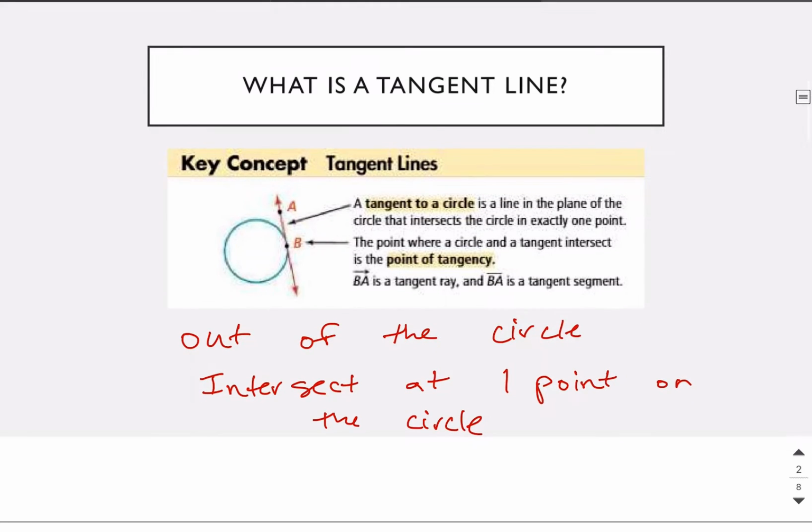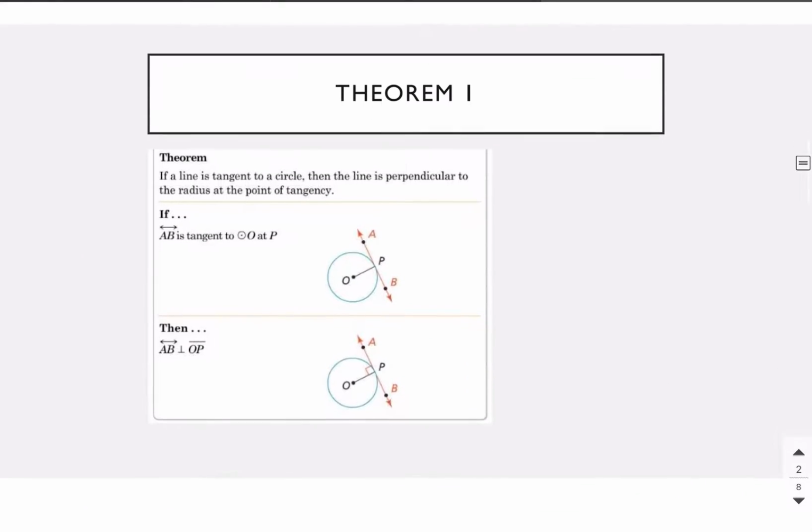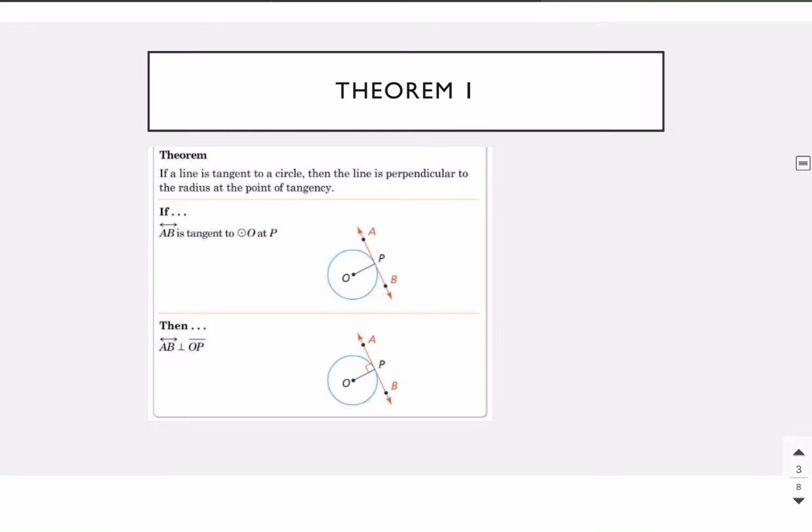With a tangent line, the first theorem is: if a line is tangent to a circle, then the line is perpendicular to the radius at the point of tangency. We have this line AB that is tangent to the circle O at P. So if it's tangent, AB is perpendicular to OP.